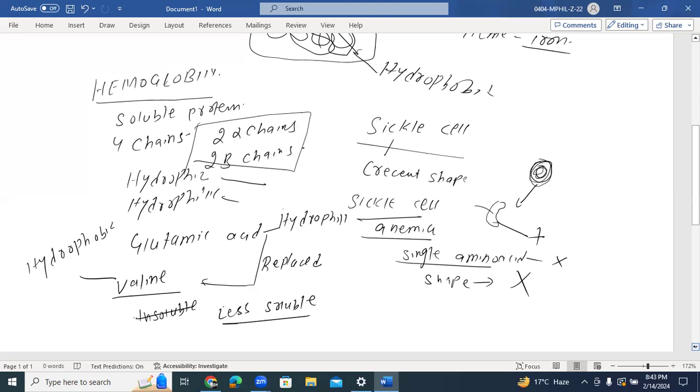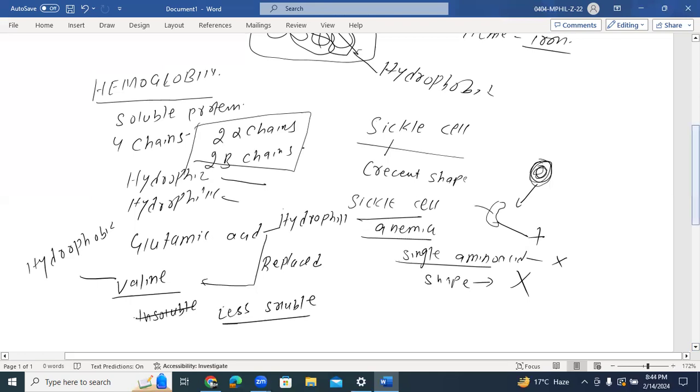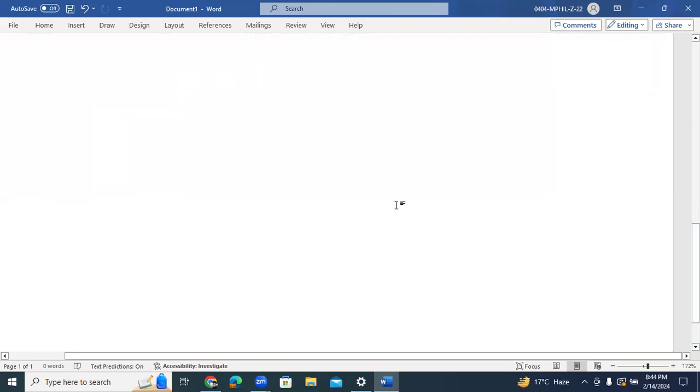Now let's move on to another protein, that is collagen protein. It is also a very common protein, present in the body of an organism or even in a cell. Collagen proteins perform very vital functions as well. The previous protein was a globular protein.